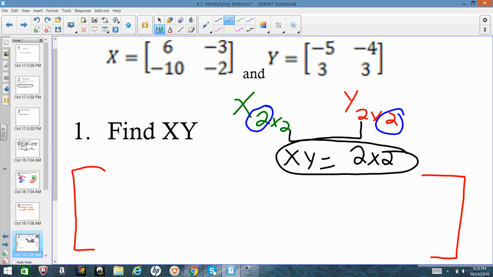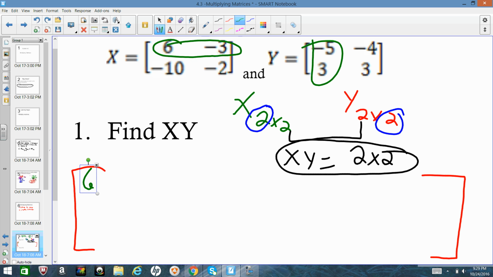So again, we are multiplying columns by rows. So to get this first space, we are going to take 6 times 3, our first column, and we're going to multiply it times our first row, which is negative 5, 3.